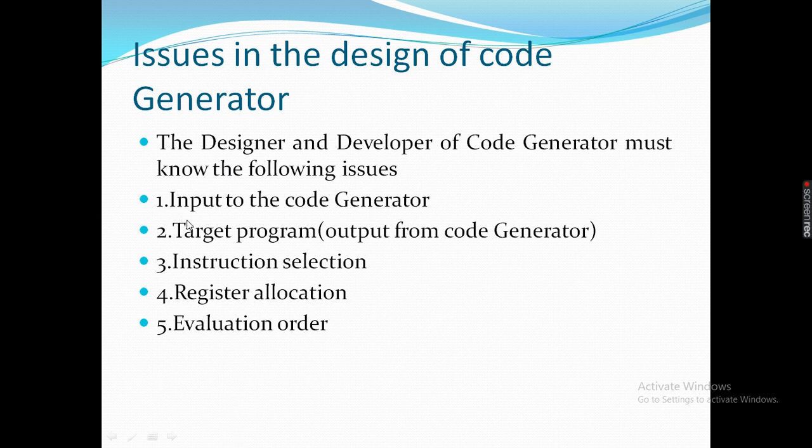Which are those? First, input to the code generator. Second, target program, also called output from the code generator. Third, instruction selection. Fourth, register allocation, and fifth, evaluation order.